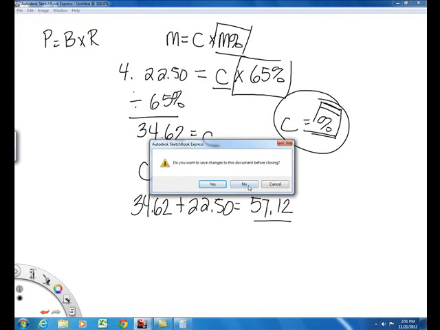Now let's do number 5. We'll just do a few of these, and then that'll leave you some to do on your own. Again, my original formula was percent equals base times rate. My percent is my mark on amount. My base, it told me, is cost, and my rate is my mark on rate. Now I know my cost. My cost is $76.